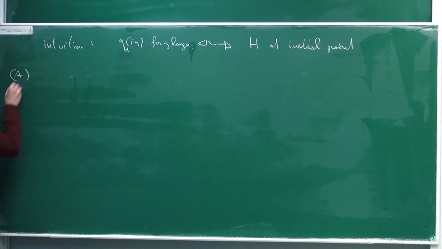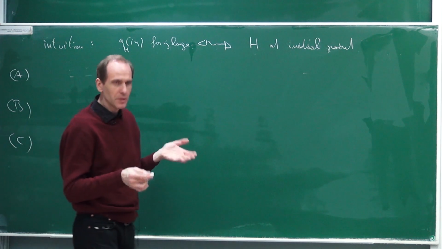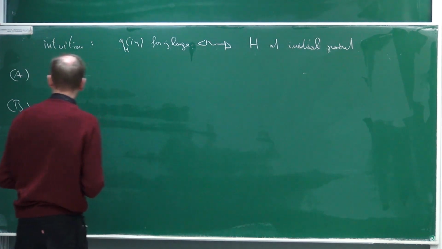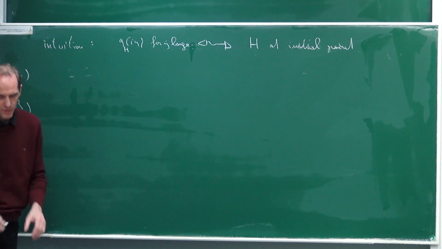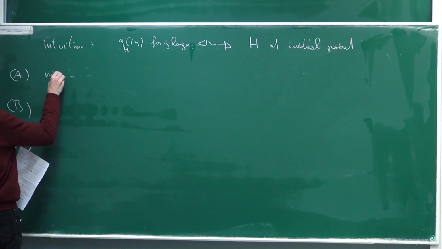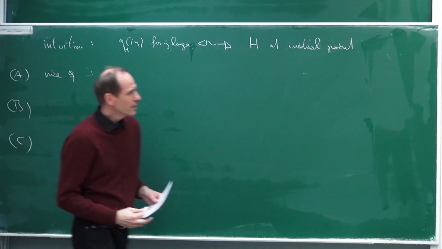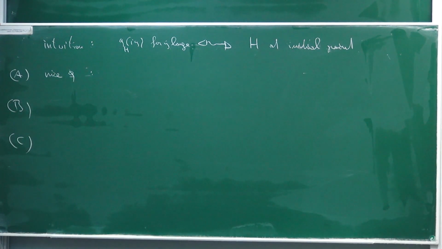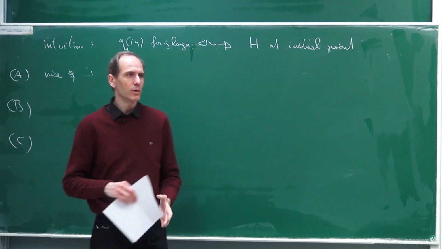We have three of them. Let me say A, B, C, and they deal with different situations. The first theorem deals with very nicely behaving functions, nice Q. In the sense that if I move upwards there, then that function will have a nice asymptotic, nearly like a power.